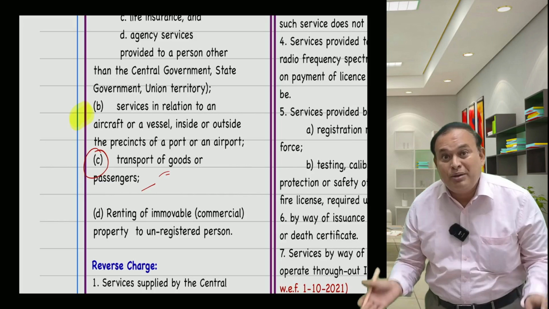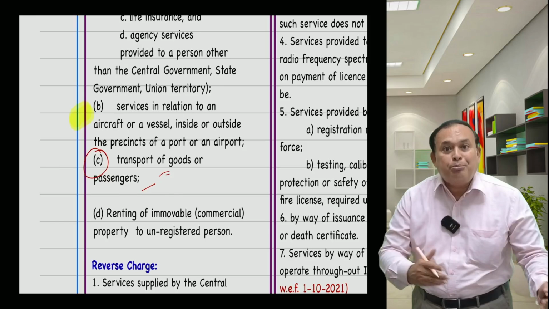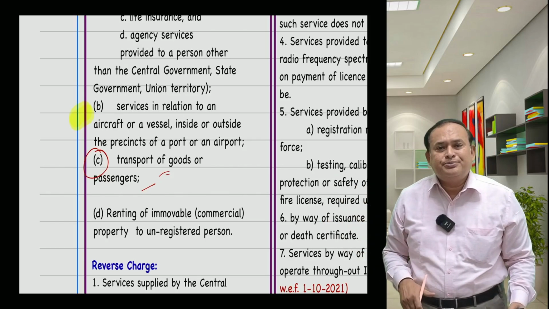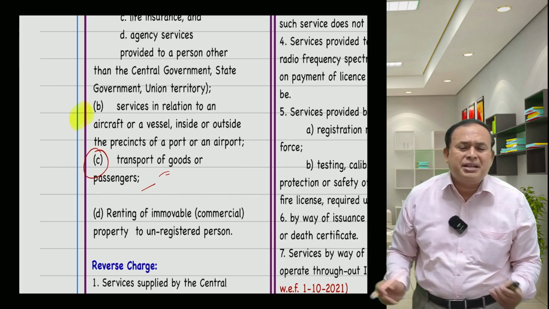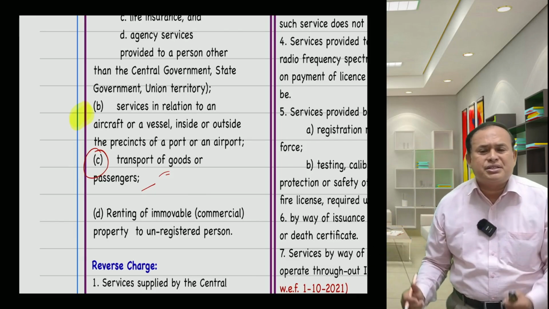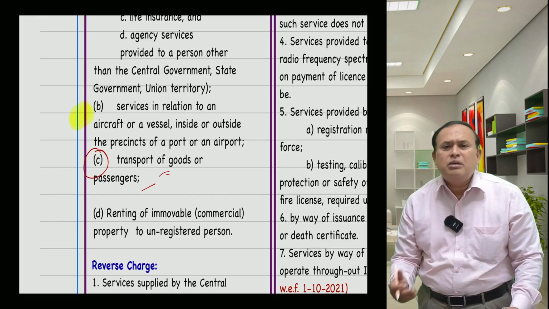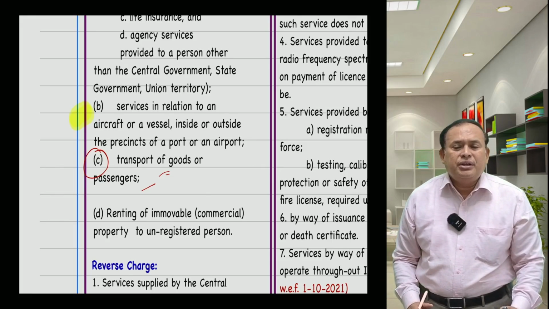You are aware of that? It is now a government department, the employees are no longer a separate entity, it forms part of the government. The state government of Andhra Pradesh took that corporation as a department of the government. In that case, if a government department provides services, forward charge. Who is liable to pay GST? Government will be liable to pay GST for transportation of passengers.